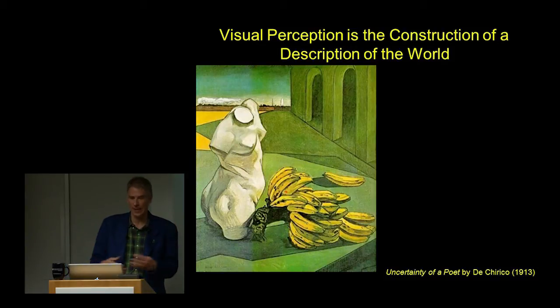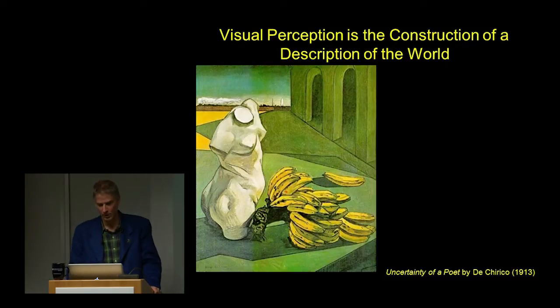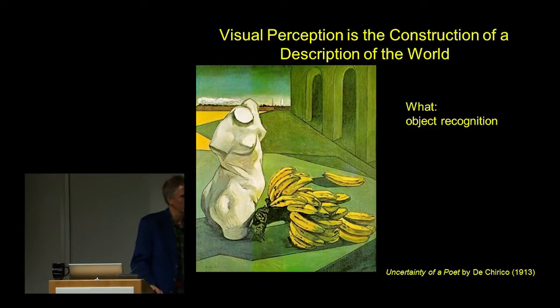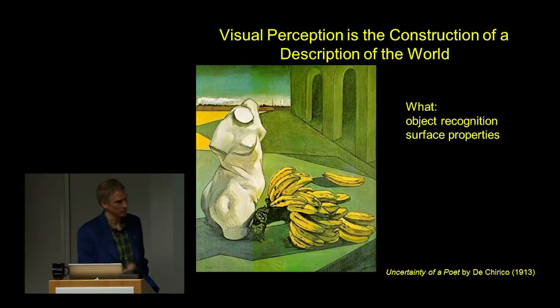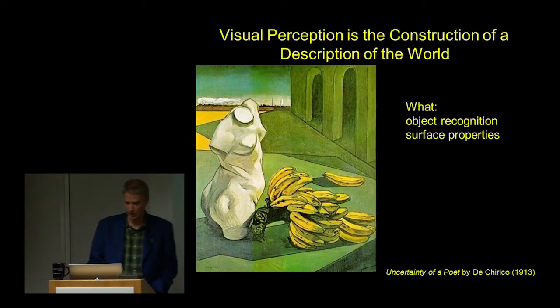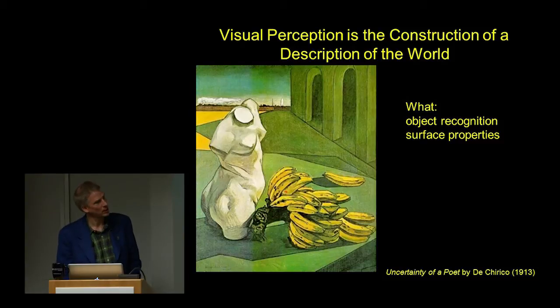Very rapidly, within a couple of hundred milliseconds, we can construct a description of the world. In terms of what is there, in this case a torso and bananas, object recognition. We can infer something about the surface properties by looking at them, partly purely from vision, partly because we have a rich association with torsos and with bananas, and we have certain expectations about the surface properties.